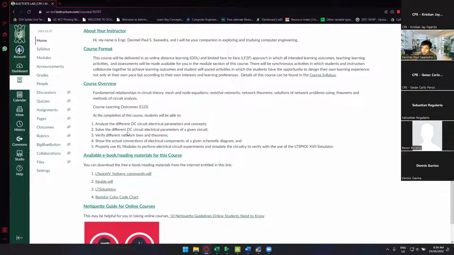Second is solve the different DC circuit electrical parameters of a given circuit. Third is verify different network laws and theorems. Fourth, show the actual connections of electrical components of a given schematic diagram and properly use the modules to perform electrical circuit experiments and simulate the circuitry to verify with the use of LTspice 17.